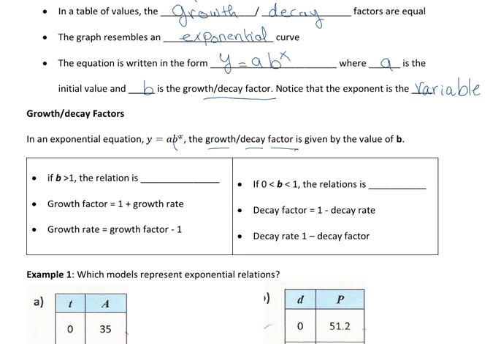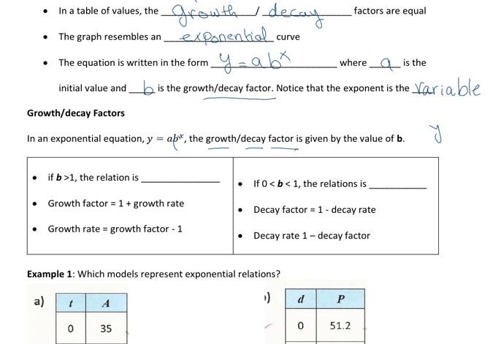What was the formula for exponential growth with a rate? y equals what? A(1 plus i) to the power of n or x or whatever. Remember that? So i is your percentage, right?